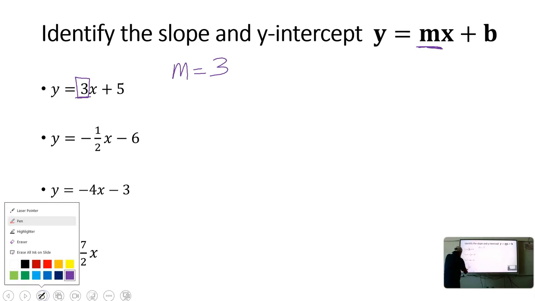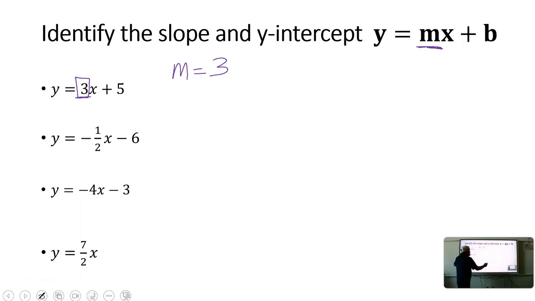Now remember, the y-intercept is whatever the b is, or whatever number is attached at the end. In this case, it's a positive 5. So my b, or my y-intercept, would be 5. That means I would start at the 5, and then go up 3, right 1, and that's how I would create the graph of that linear equation.